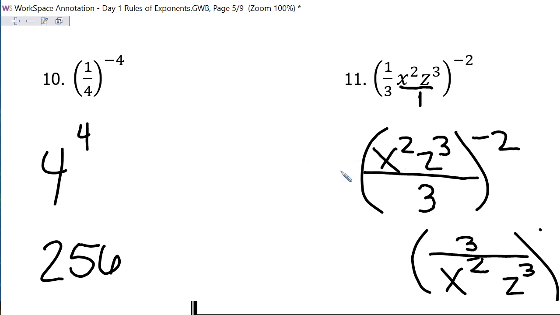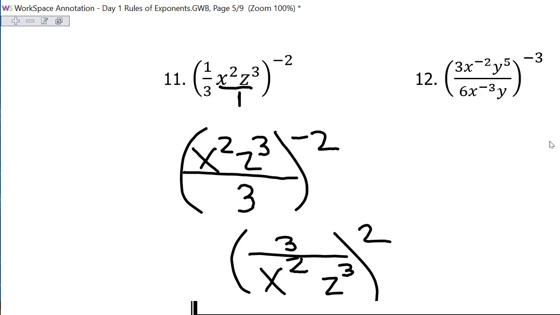So the 3, when you square it, gives you 9. And x squared squared, what is this called? Power to a power. So what do I do with these exponents? Multiply. So 2 times 2 is 4, and for the z, 3 times 2 is 6. So if it's power to a power, those exponents get multiplied.